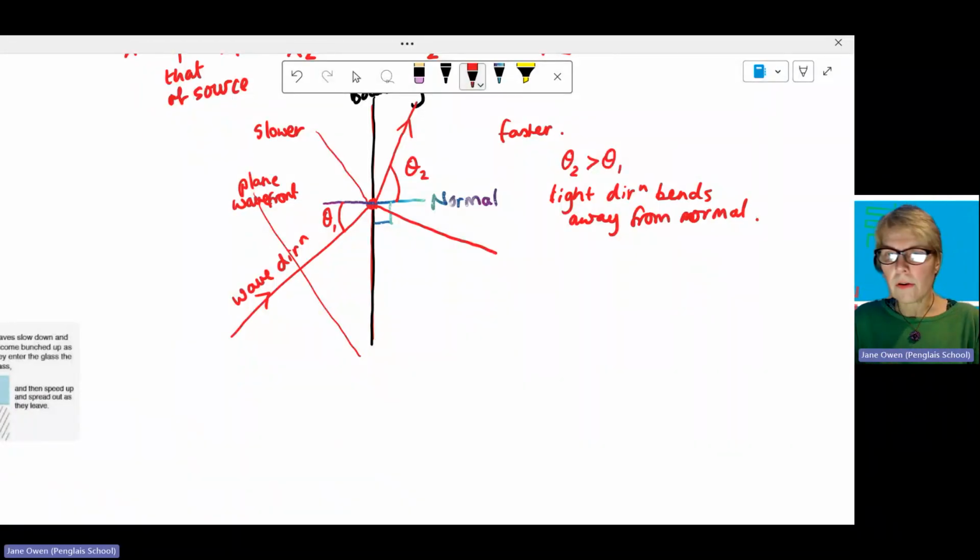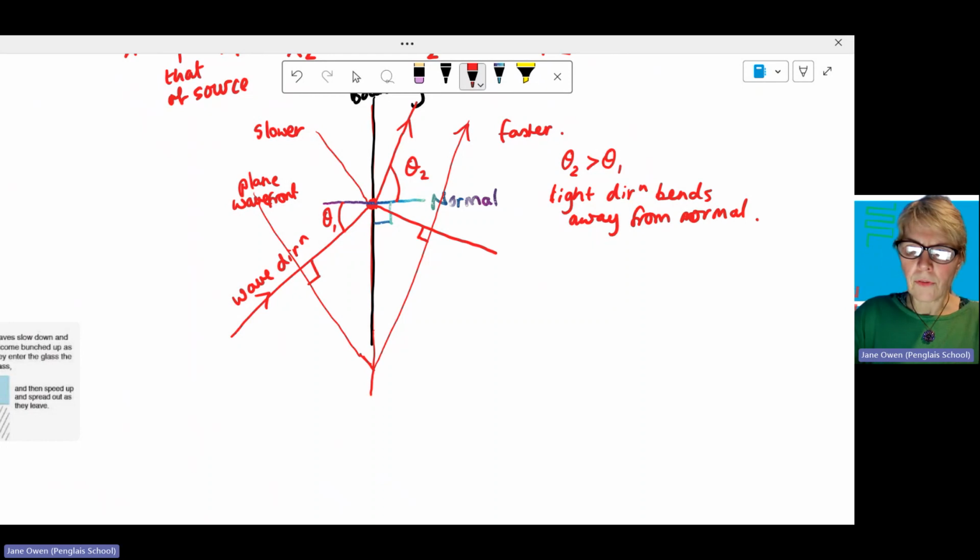Okay, right. Let's finish this off in terms of the diagram we have available. This is a right angle triangle, and at this point this wave direction is parallel to this one. This is a right angle triangle as well. This is the wavelength in medium 1, and this is the wavelength in medium 2.